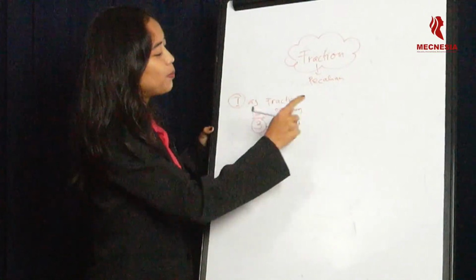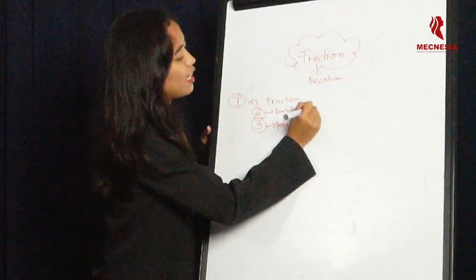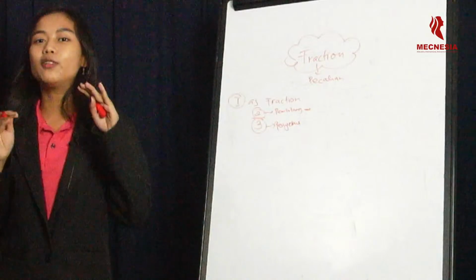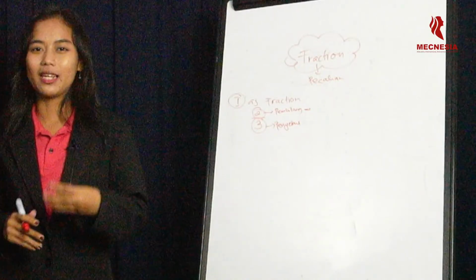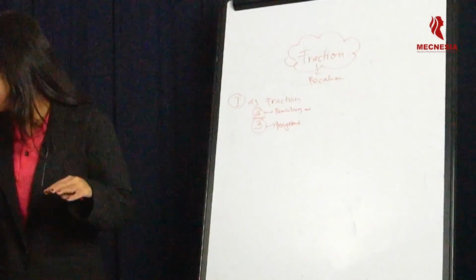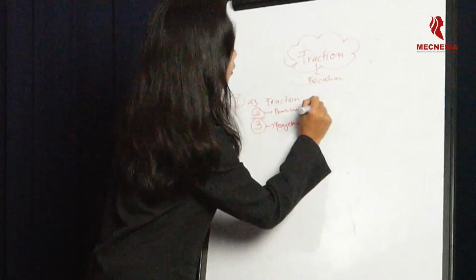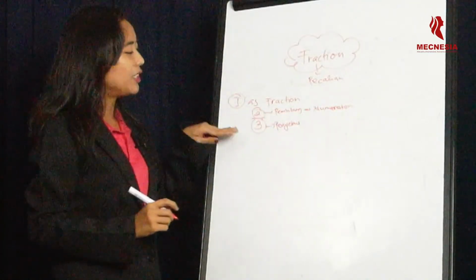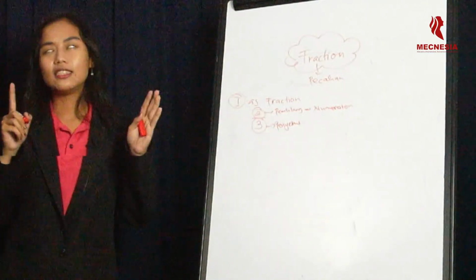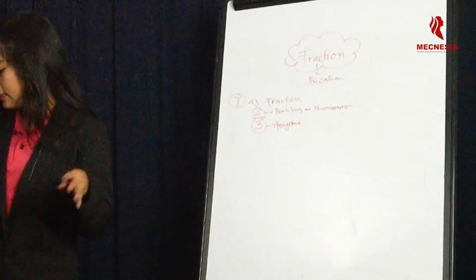Okay, so pembilang in English is numerator. Numerator. Let's pronounce it with me. Numerator. Okay, numerator. And penyebut, we call it denumerator. Denumerator.